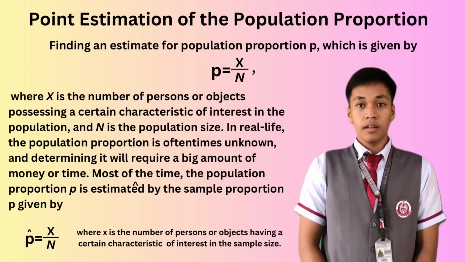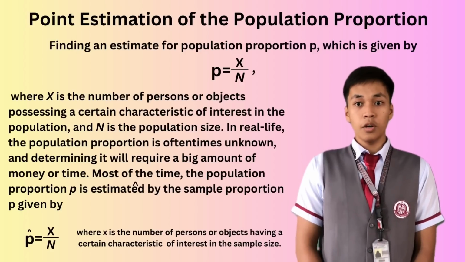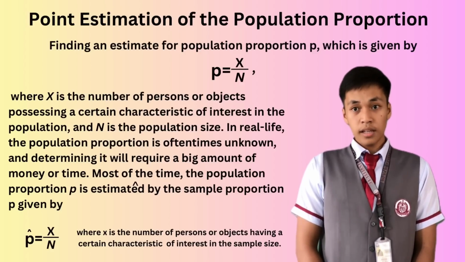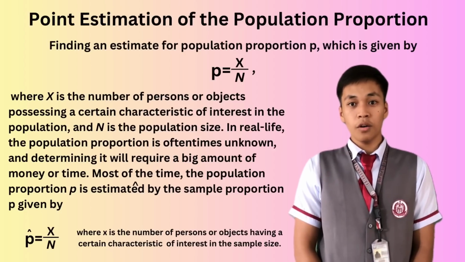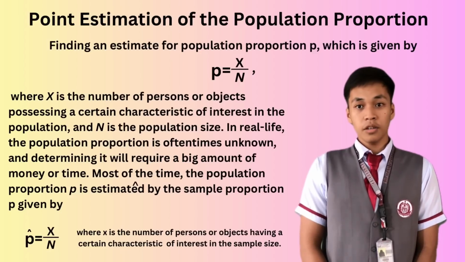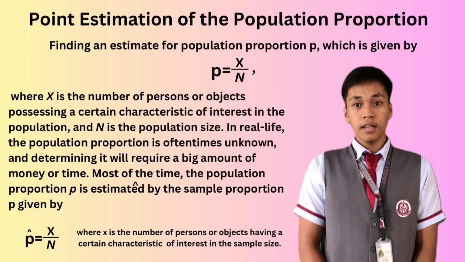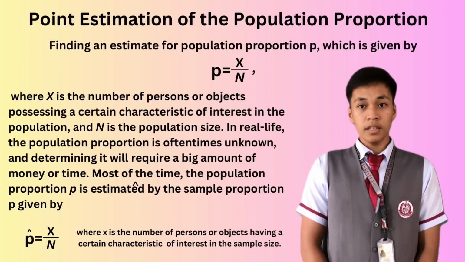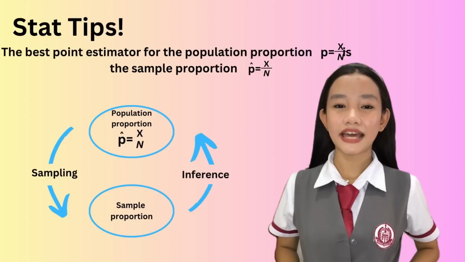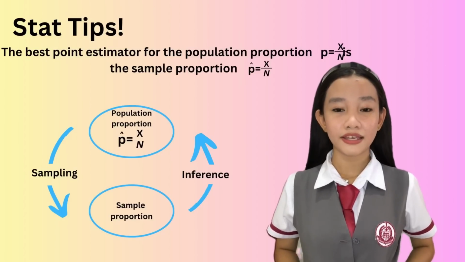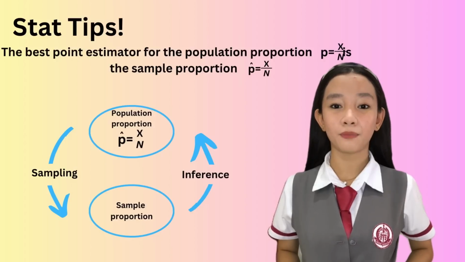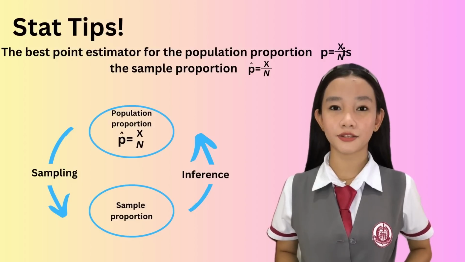In real life, the population proportion is oftentimes unknown, and determining it will require a big amount of money or time. Most of the time, the population proportion P is estimated by the sample proportion p̂. Stat tips: the best point estimator for the population proportion P is the sample proportion p̂ equals X over n.